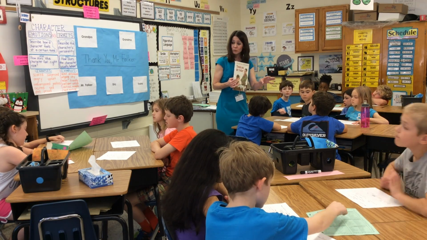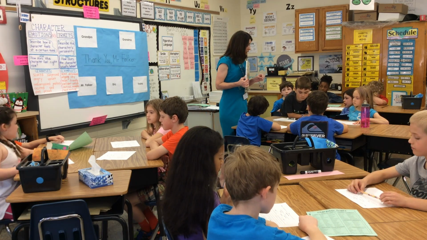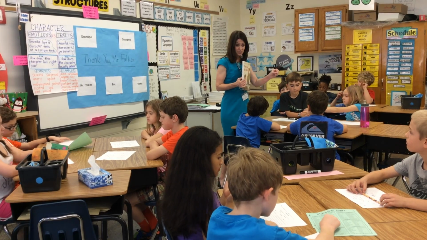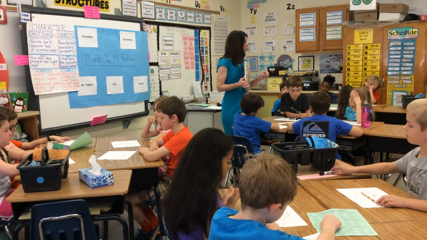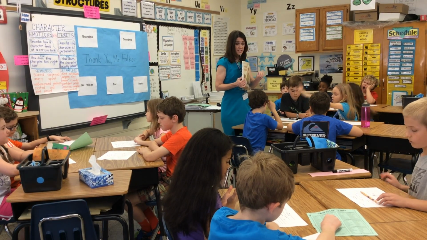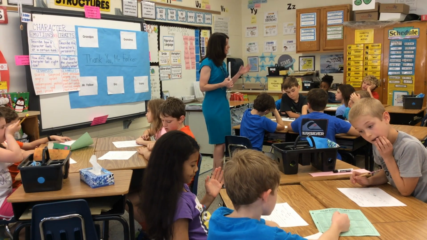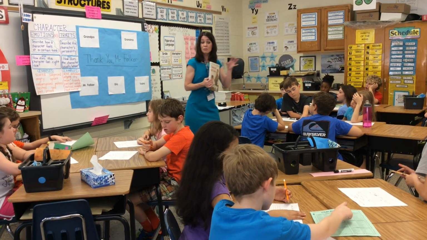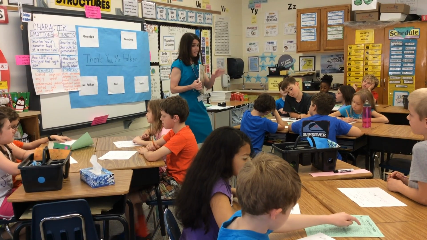And I'd like you to record that in the sentence at the top of your paper. And then I would also like you on your sentence strip to record that trait also. And when we are finished discussing and writing those things, we'll come back together and share our text evidence and the trait that we decided upon for our character. Let's go ahead and get started.